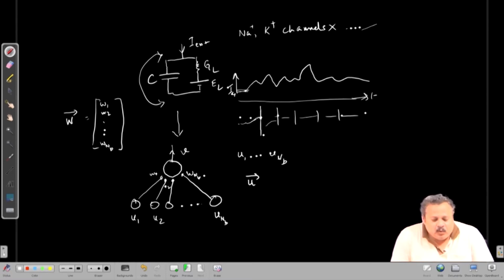Each of the input rates is modified by this synaptic strength, and a proportionate activity is being added on to the V output.